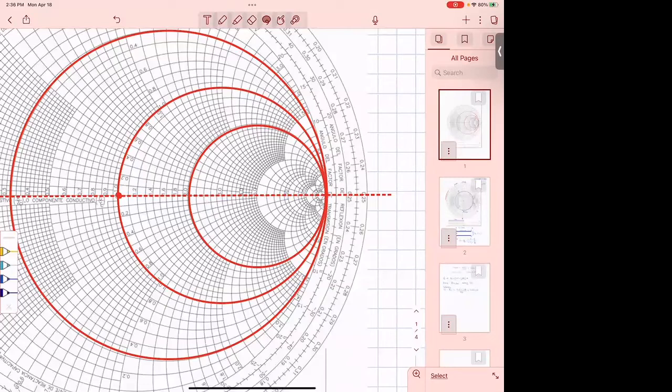And then at the point where all the circles are tangential to a line which is perpendicular to the horizontal, that corresponds to infinity. Now, infinity, what does it mean in circuit terms? If you have an infinite impedance, what does it mean? Your circuit is open.